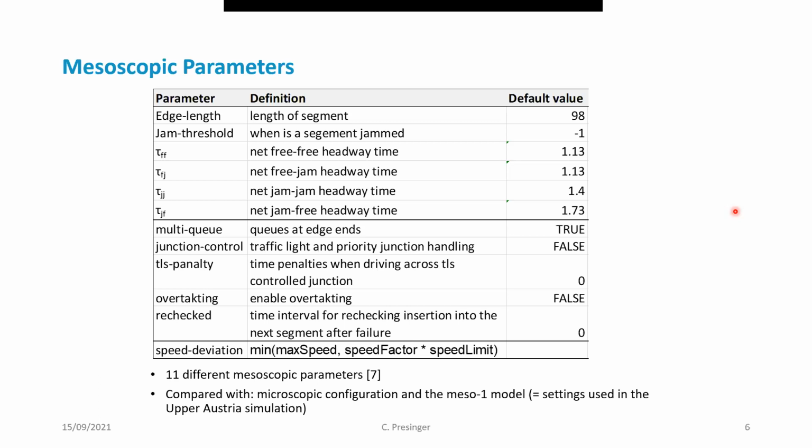And the other model I called the Meso-1 model, because it has the configuration settings which are already used in the Upper Austrian simulation. There we enabled the junction control and the overtaking additionally to the default values. And nothing else was changed at the moment where I started to investigate the mesoscopic parameters.